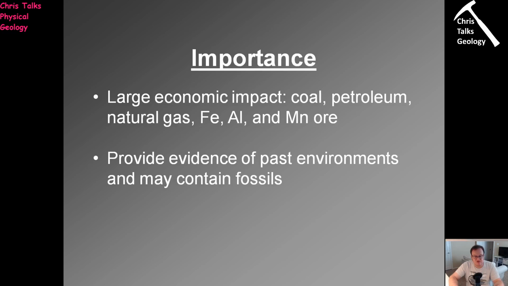However, sedimentary rocks can do that for us. We can look at a sedimentary rock and we can say, right, based on what we're seeing in this sedimentary rock, I know that this location where I'm standing right now during the Permian was a, for instance, swamp. And if you know it's a swamp environment, well, obviously you can make some assumptions about the type of conditions that you probably were standing in.